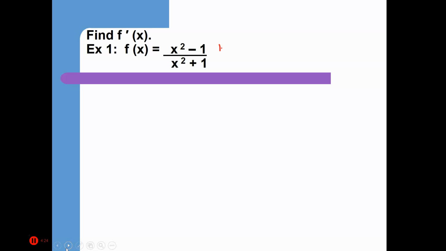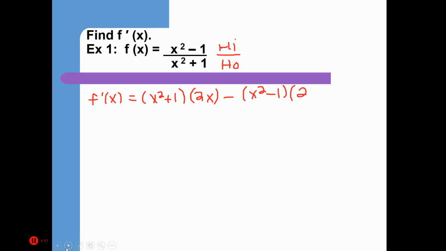So you have hi ho. So f prime of x equals ho, which is x squared plus 1, d high, minus high d ho, all over the denominator squared.